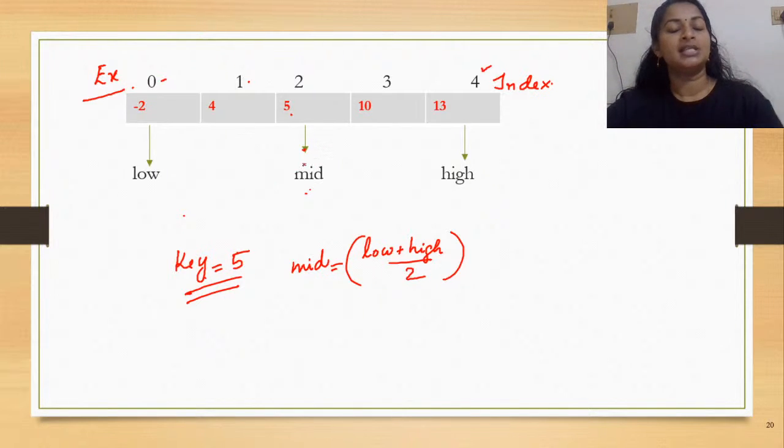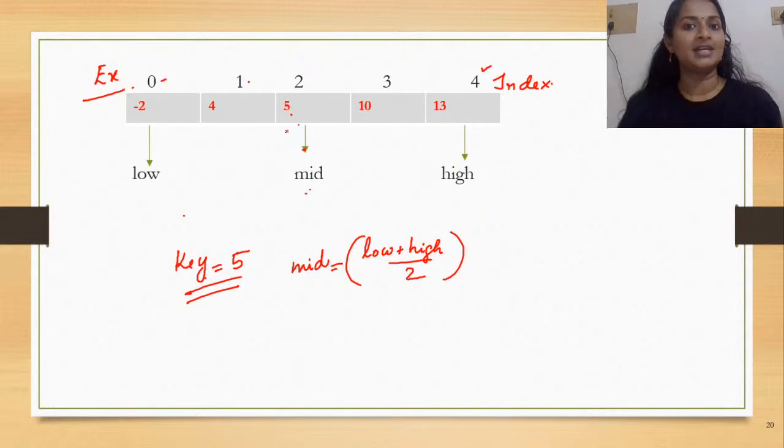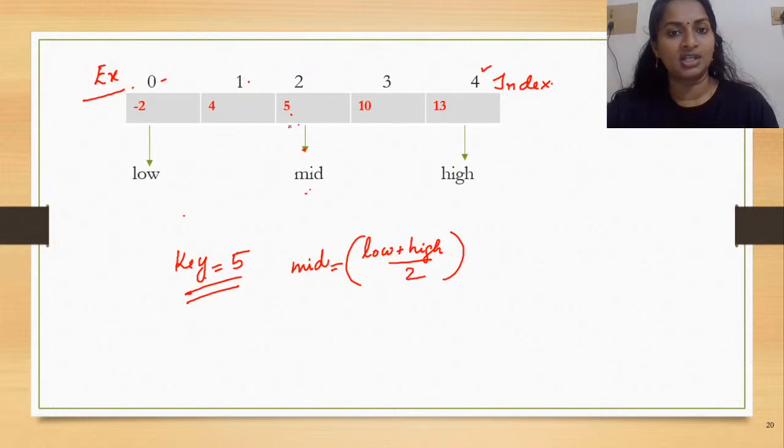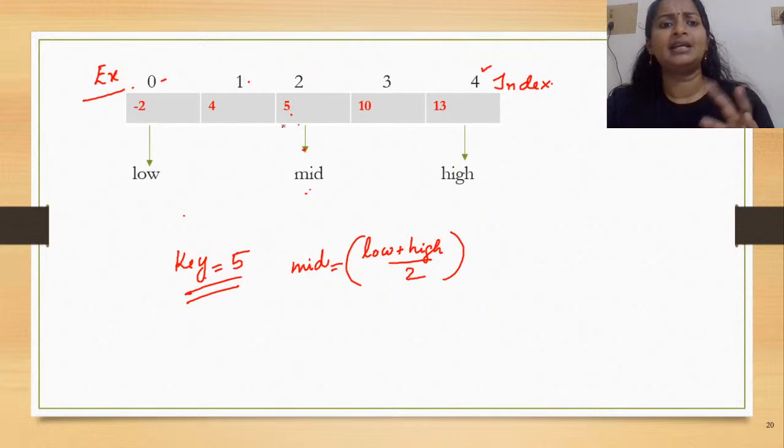In this case, if you find that the value is present in the middle position, yes, your search is successful. But if you do not find the value matching here, what is the next thing that you have to do? Now we find that the element is not present in the middle position.